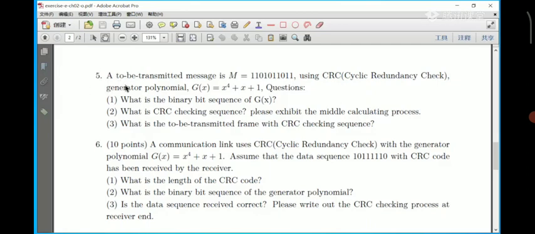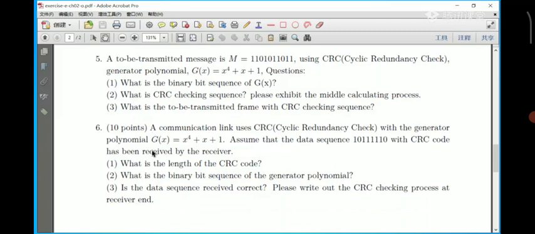Question 5 is when the message should be transmitted, we should calculate the CRC code, the CRC check sequence, and determine the to-be-transmitted frame with the CRC check sequence appended.